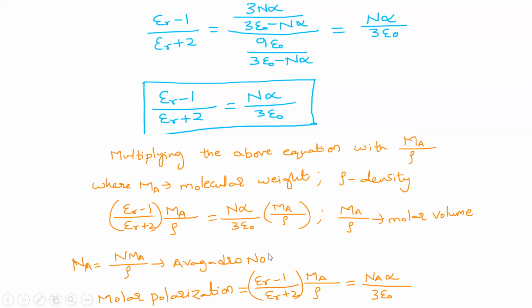The number of atoms per unit volume is nothing but Avogadro number by molar volume. That will give the molar polarization, which is equal to Na times alpha by 3 epsilon naught. Alpha is the electronic polarizability, or polarizability. So this is how we got the Clausius-Mossotti relationship.